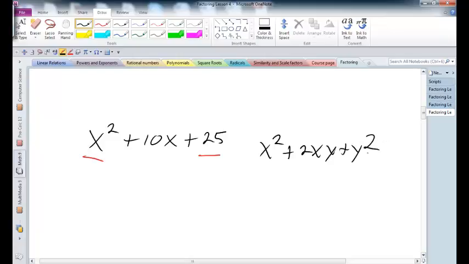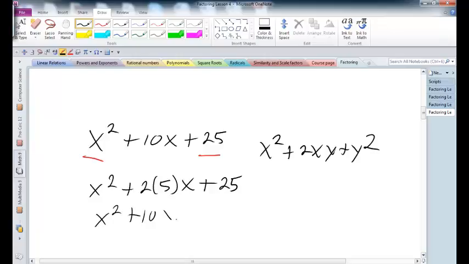In this case, that would be x squared plus 2 times 5 times x plus 25. Since it follows this pattern, we know that x squared plus 10x plus 25, when factored, equals (x + 5) squared.